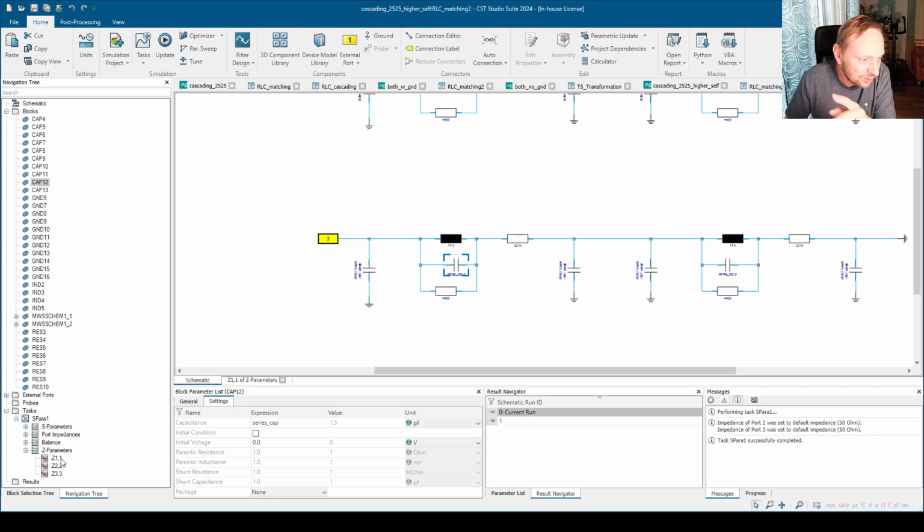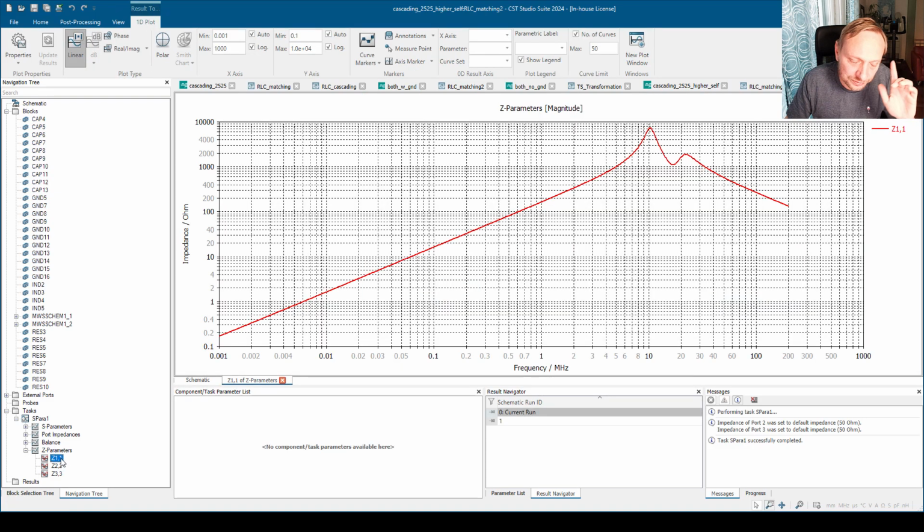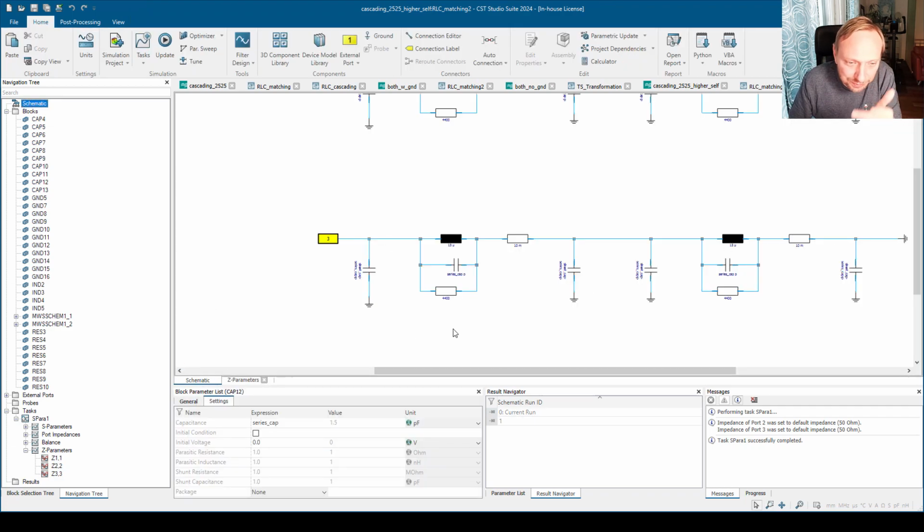And if we now compare, this is the Z11 of the Touchstone again, this is the one with just the shunt capacitances, and the Z33 is now the one where I have a mixed capacitance. I have now both the series and the shunt capacitances, and you see this model now agrees much, much better. Of course, because this is now a much more complete description of the setup.